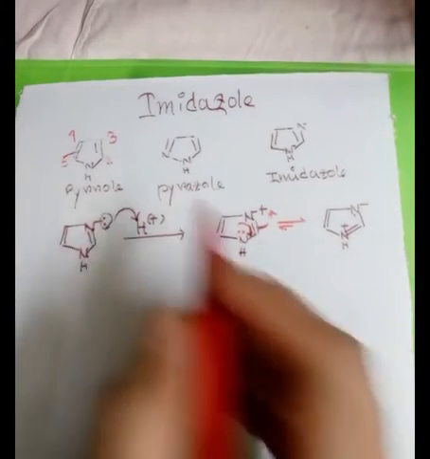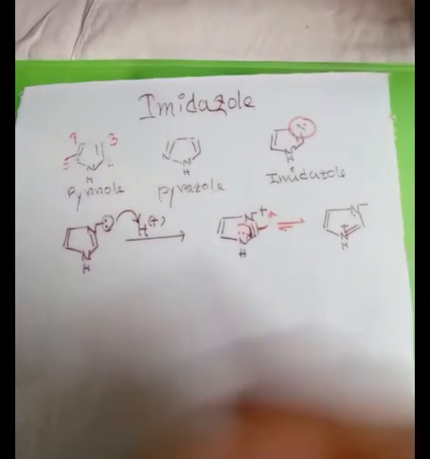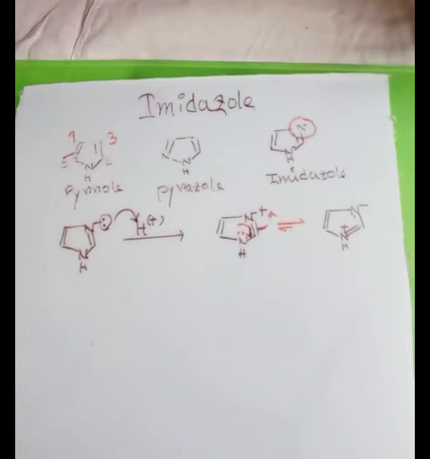In imidazole, actually this nitrogen is the electron rich one, and if we are considering here electrophile addition, in that case which position will be more electrophilic?